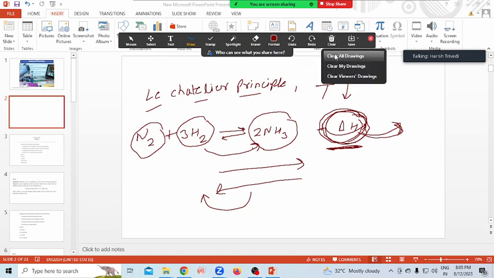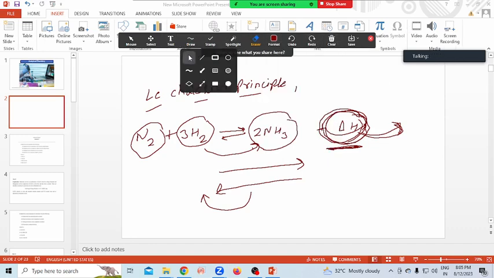Similarly, I am talking about pressure. The second example is pressure. What will happen if I increase the pressure?